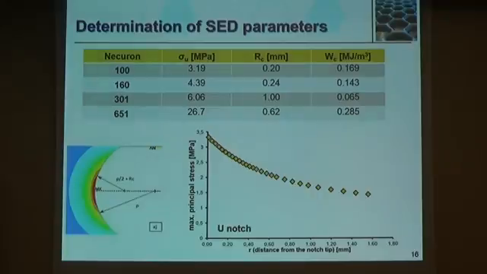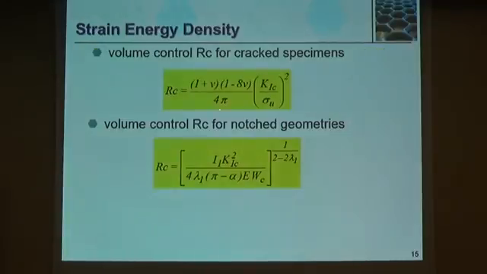Usually this control volume is calculated with the ultimate tensile stress, but in this case we have a non-brittle behavior in tension.